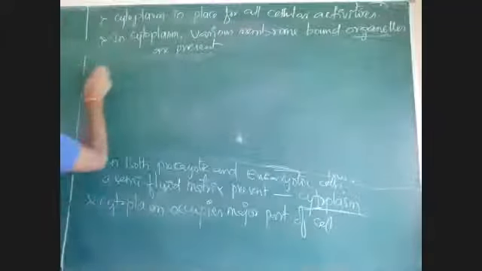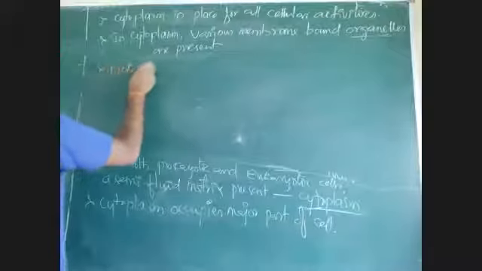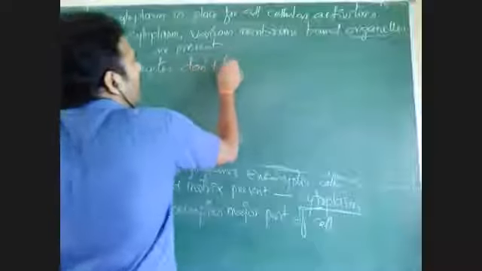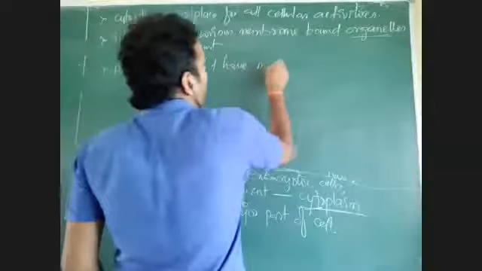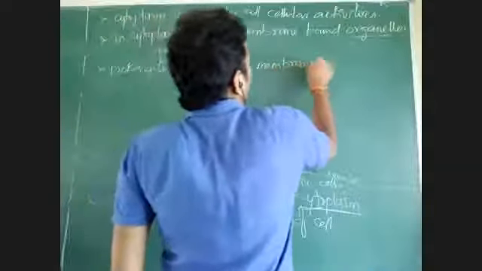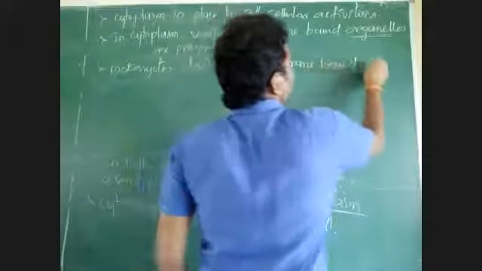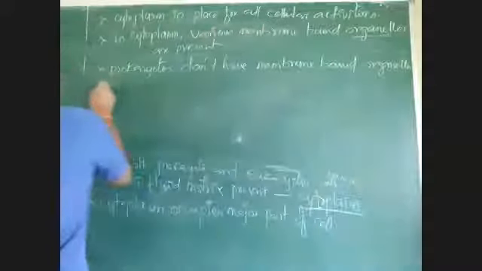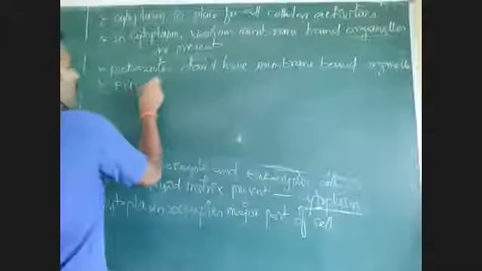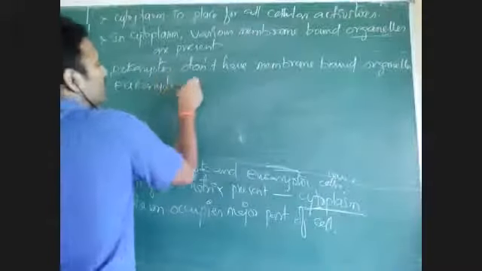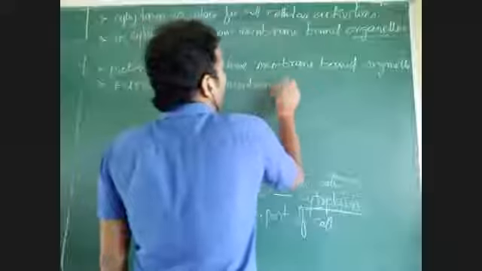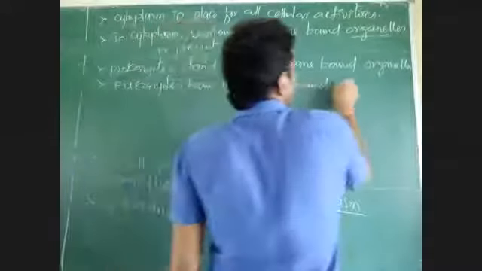Okay, and prokaryotes don't have membrane bound organelles. Membrane bound organelles are absent in prokaryotes. Eukaryotes have membrane bound organelles. This is the major difference between prokaryotic and eukaryotic cells.